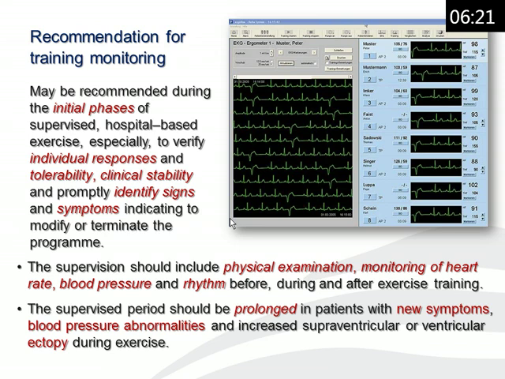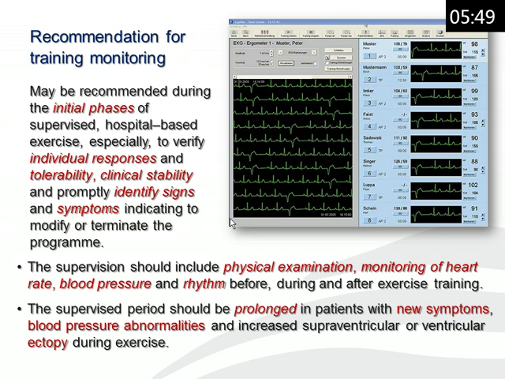One question about safety in high-risk patients is the question of monitoring. Shall we monitor patients when they are doing exercise with the ECG? The recommendations say that in high-risk patients at the beginning it might be very useful to have some kind of monitoring, because it gives you some hints about how they improve during exercise, whether there are arrhythmias.